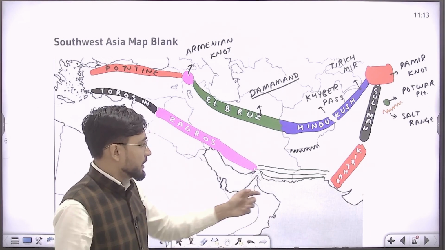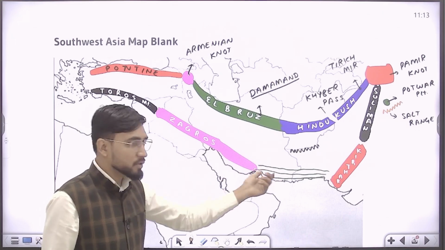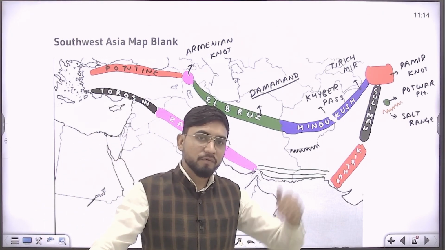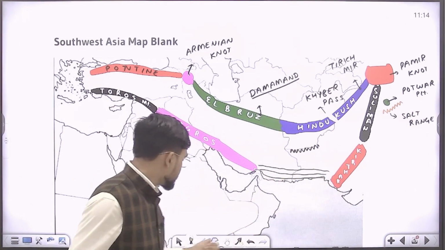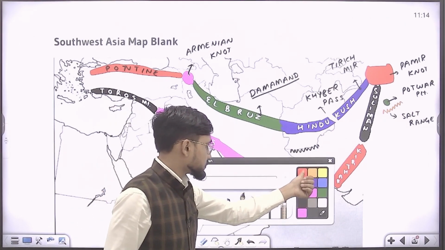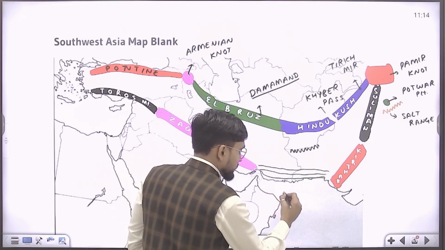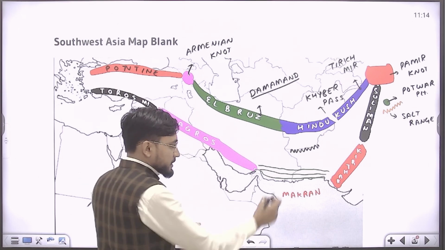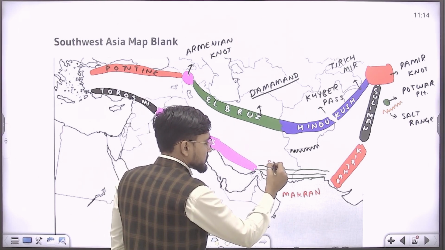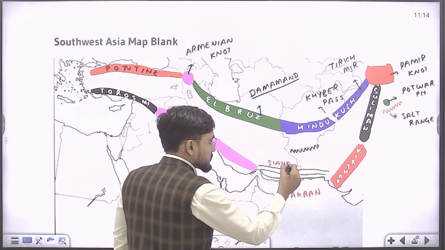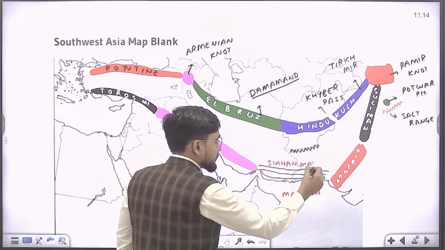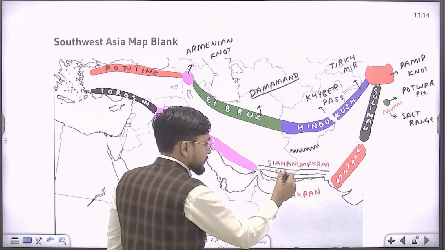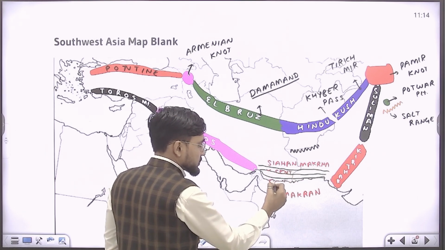After the Kirthar range, between it and the Zagros mountains, there are three parallel ranges, just like the Himalaya. As the Himalaya has three parallel ranges, Greater Himalaya, Middle Himalaya, and the Siwalik, this mountain range is the Makran range. Let me mention the names: the northern one is Siahan Makran, the second is central, and the southern is coastal.